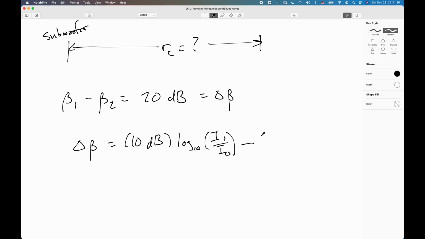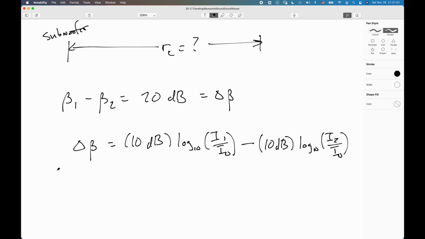And similarly, this will be 10 dB times the base 10 log of I2 over I naught. Well, that doesn't sound too hopeful, but when you're dealing with logs, if you subtract logs, that's really dividing the insides, so this is actually a stealth scaling problem.